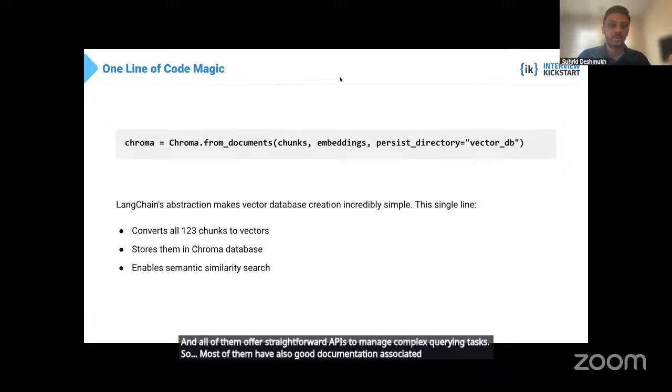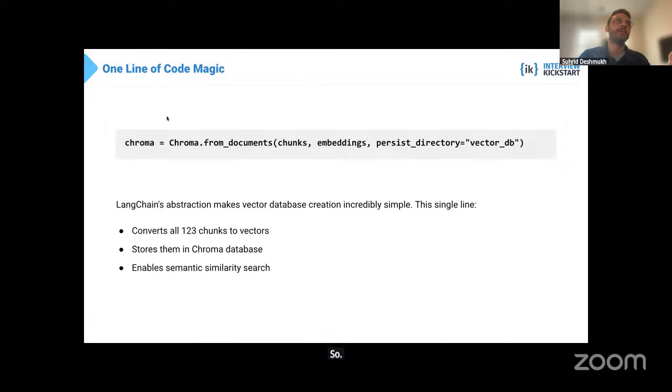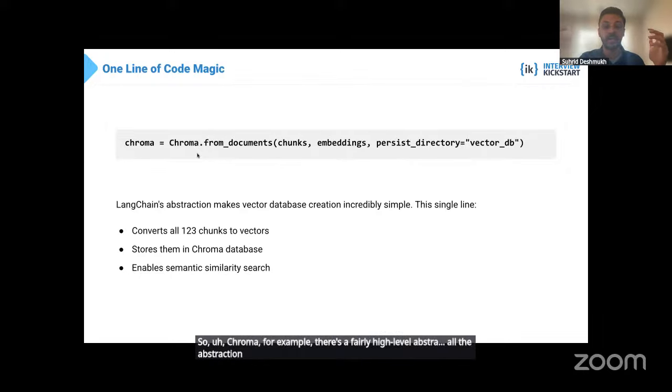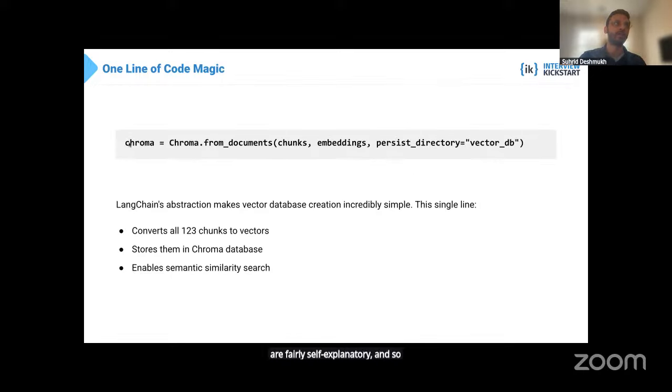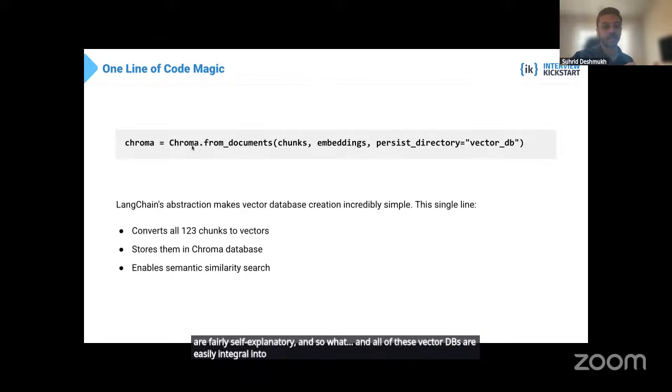So Chroma, for example, is fairly high level, and all the abstraction is taken care of for you. All of the methods on top of the Chroma object that they have designed for you are fairly self-explanatory. And all of these vector DBs are easily integrable into the LangChain architecture as well.